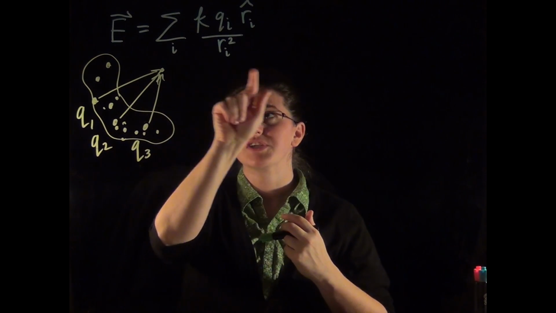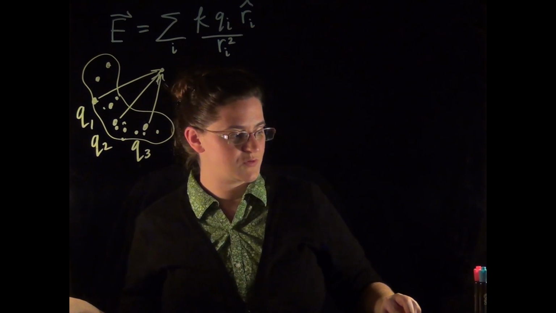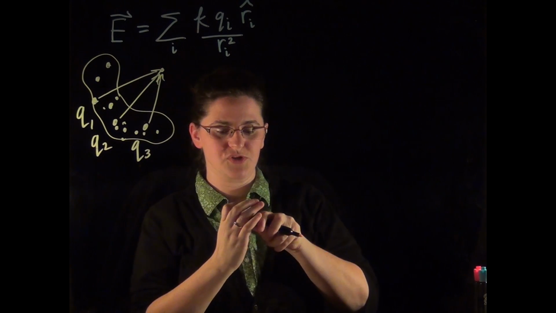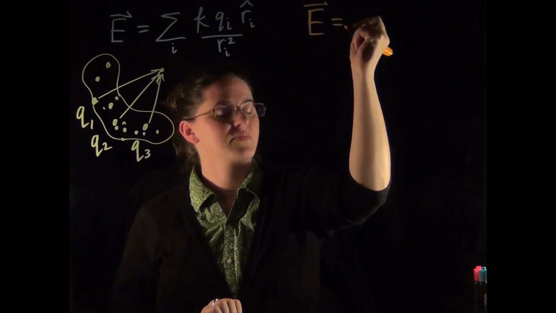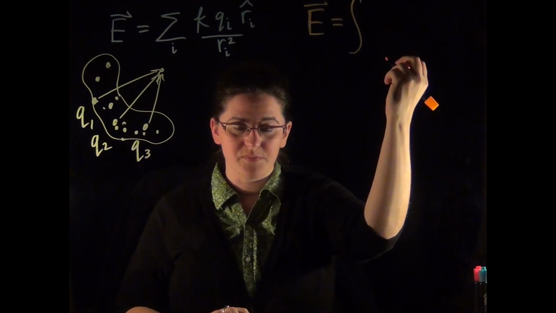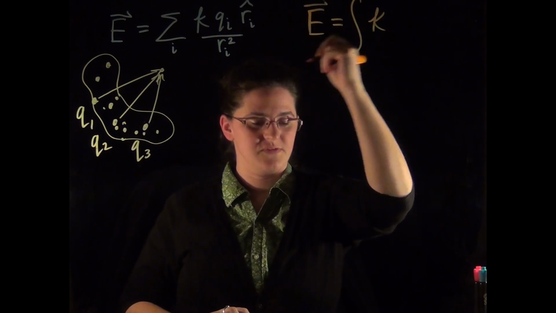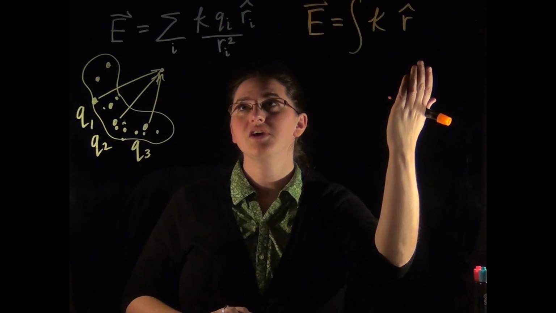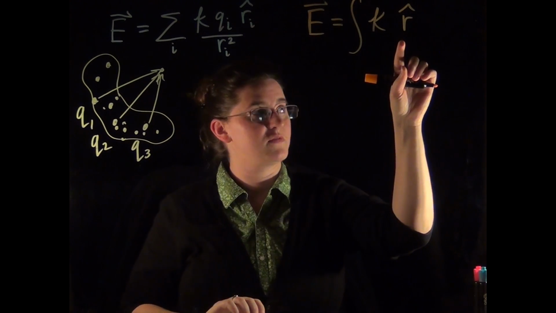So instead of an equation that looks like this, I'm going to write the other one here so you notice the similarities between them. The electric field for a continuous distribution is going to look like this. Instead of a sum, an integral, and this is the same Coulomb's constant as over there. R hat, now you're talking about the direction. In both cases we have an R hat, which indicates the direction of the field.